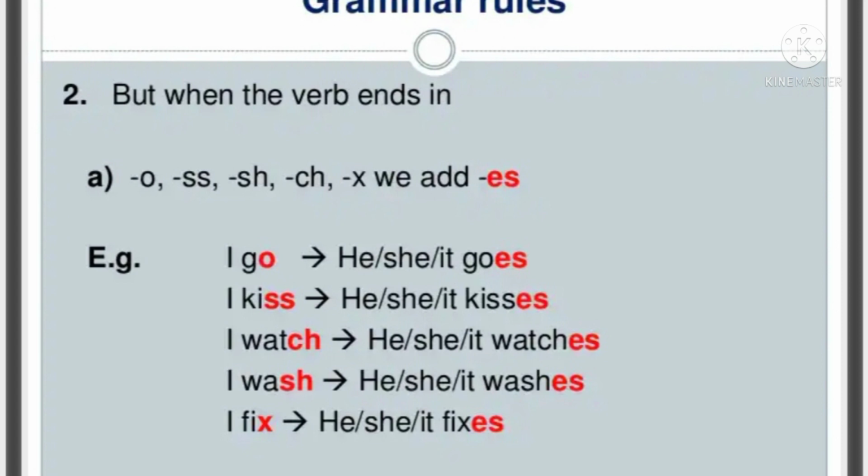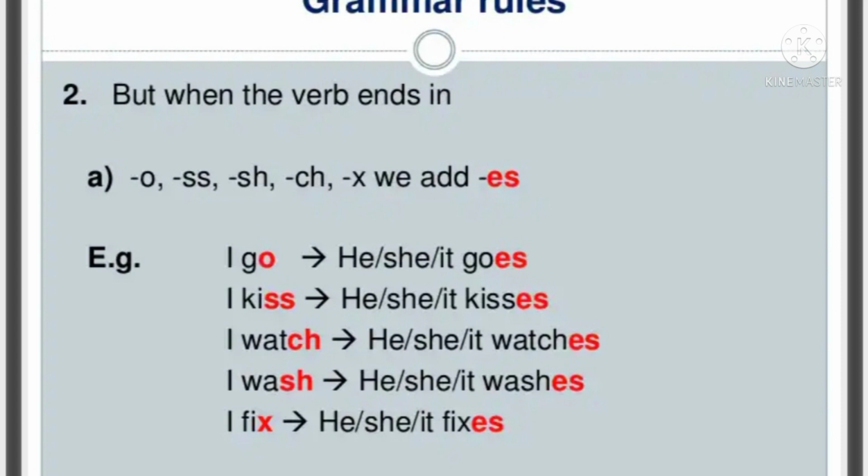We have seen an example where we use s. Here you see, when a word ends with o, double s, sh, ch, x, etc., we add es. For example, go, goes; kiss, kisses; watch, watches; wash, washes; fix, fixes. Even though we write it in such a way, we read it as is.